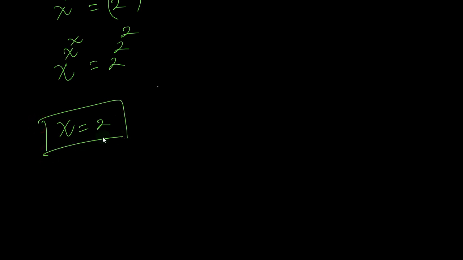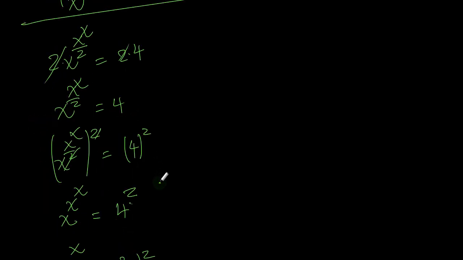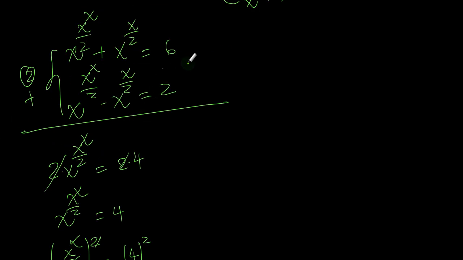Okay. Another way to find this x, we would consider solving this system differently, right? From here, let's subtract this one from the first equation, this one from the second one.